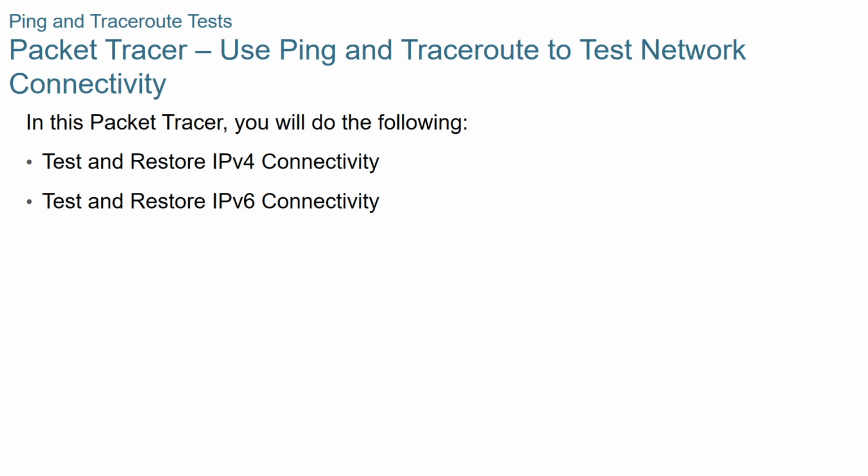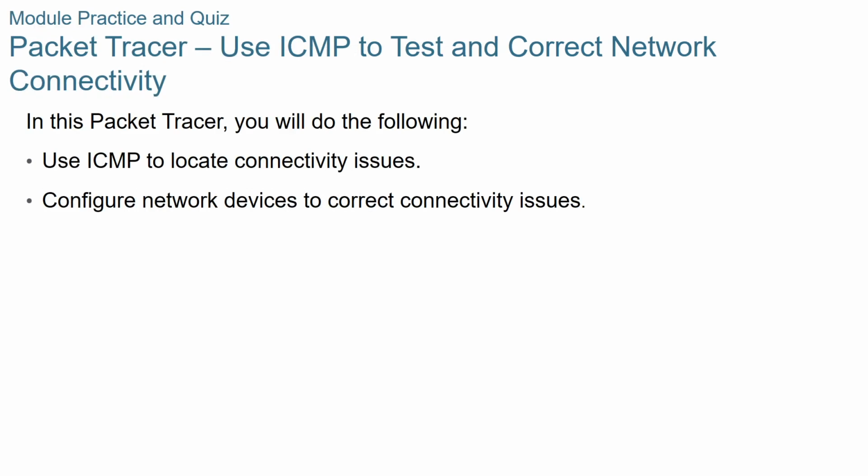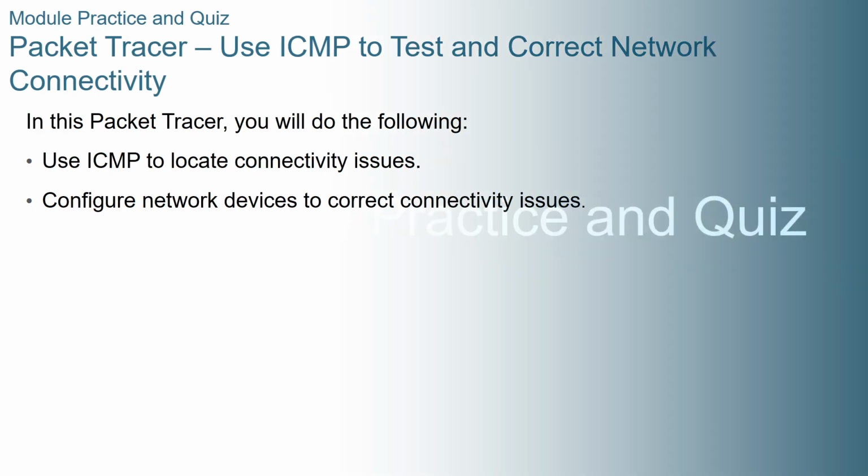It allows you to test and restore IP version 6 connectivity and IP version 4 connectivity within the network. We have also a little exercise for ICMP to test and correct network connectivity. So using ICMP to locate connectivity issues, and configure network devices to correct connectivity issues.